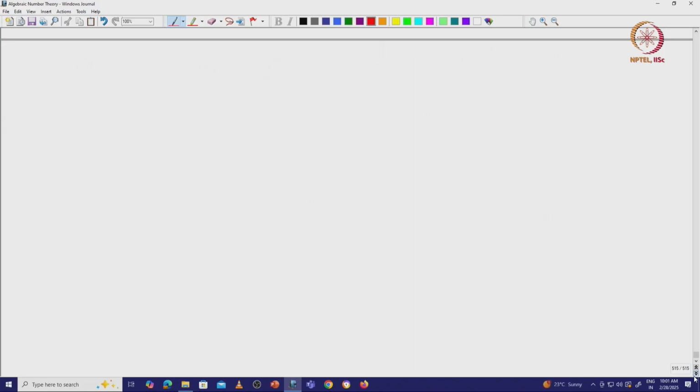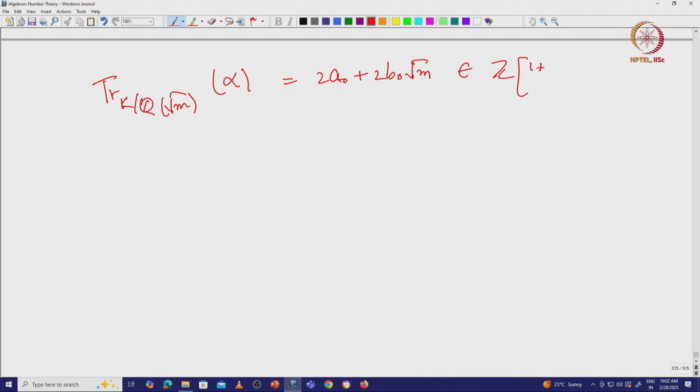Okay. So what I am going to do next is look at the trace, as we did last time, of this alpha, and this of course turns out to be 2a0 plus 2b0 √m, which belongs to Z[(1+√m)/2].